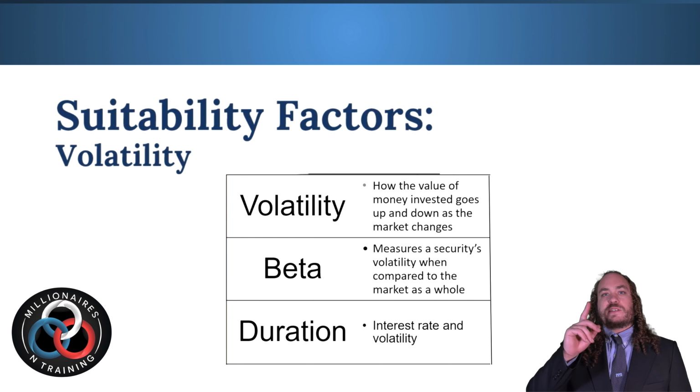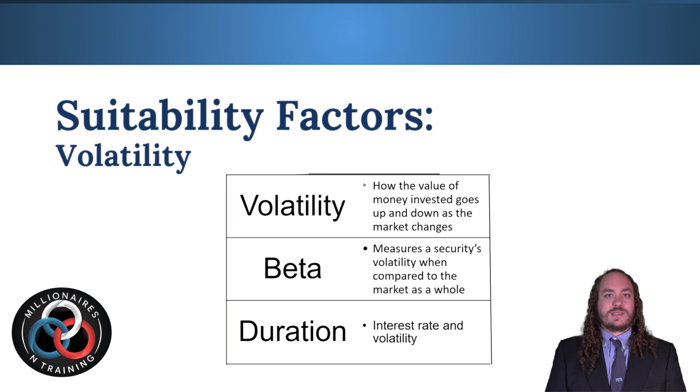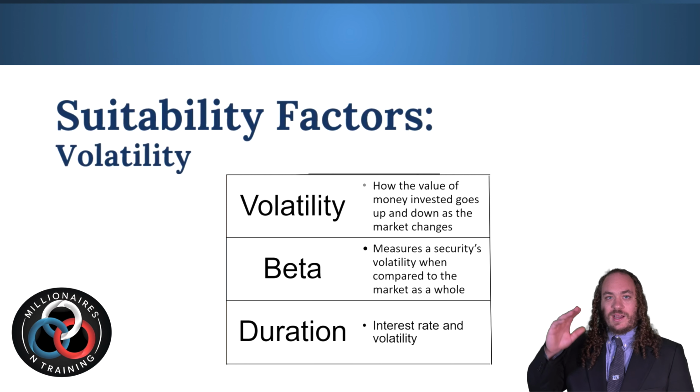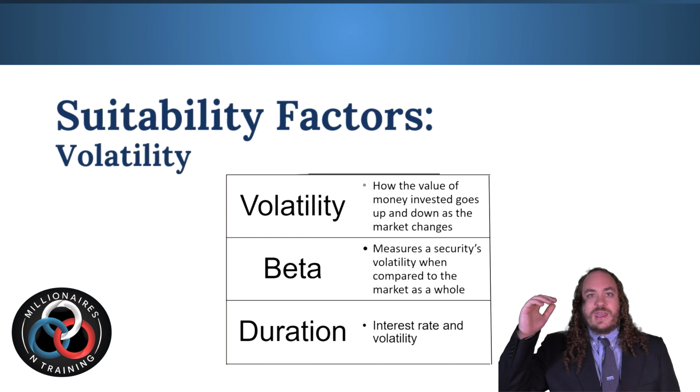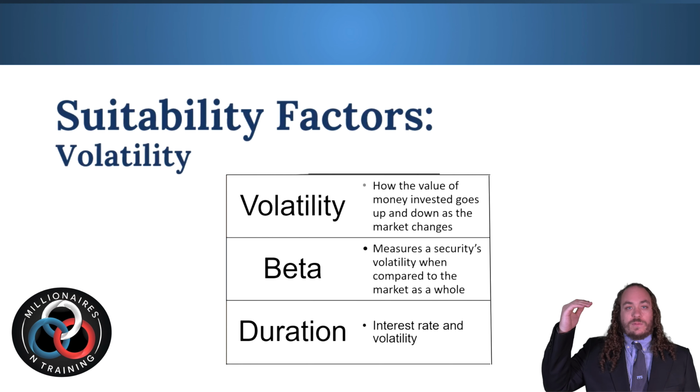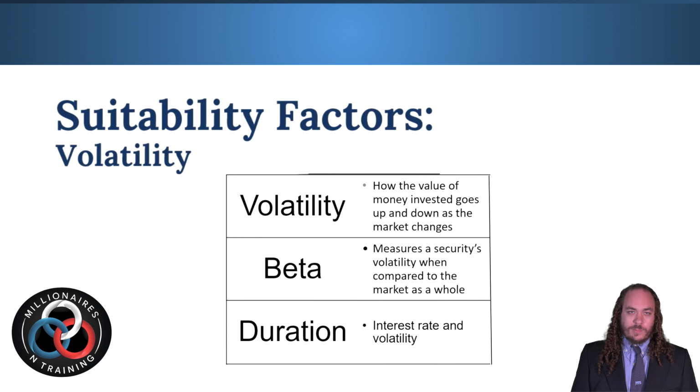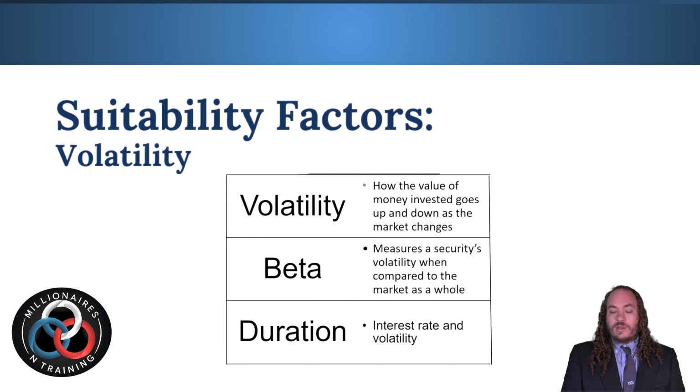A security that has a beta of 1 has the same volatility as the market. A security that has a beta higher than 1 has more volatility than the overall market, while a security with a beta of less than 1 is less volatile.